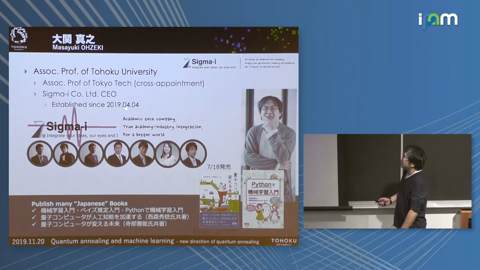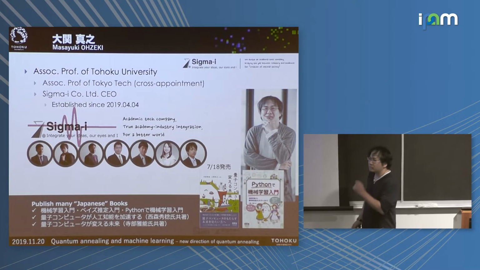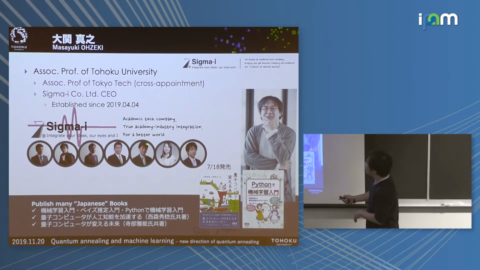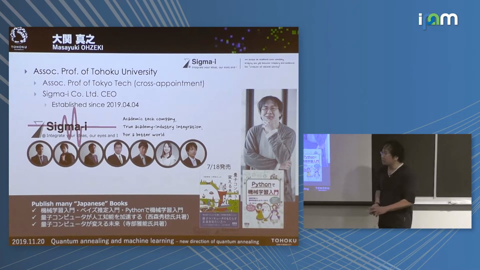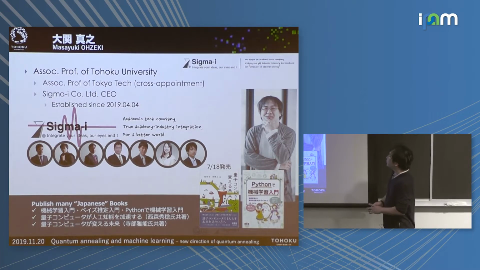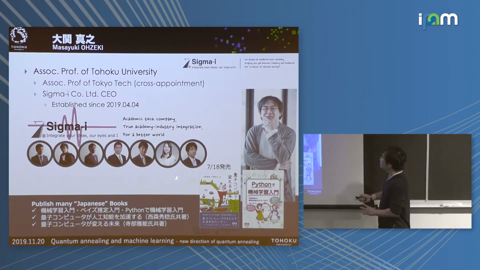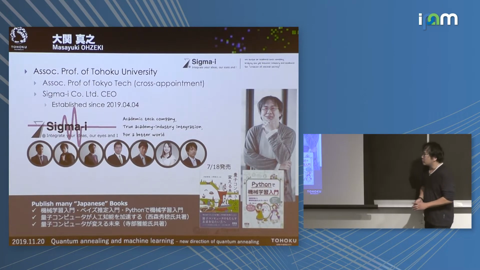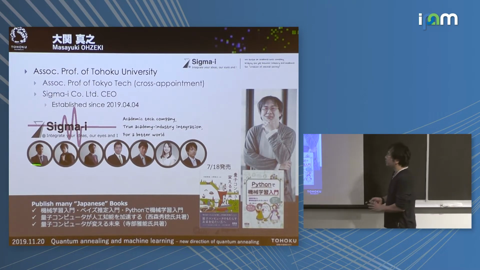This is Sigma I. For example, maybe you know that here is Tomoyuki Obuchi of Tokyo Tech, and here is Shu-In Kyo-san, and some of the members belonging to the community of statistical mechanics, data science, or machine learning.